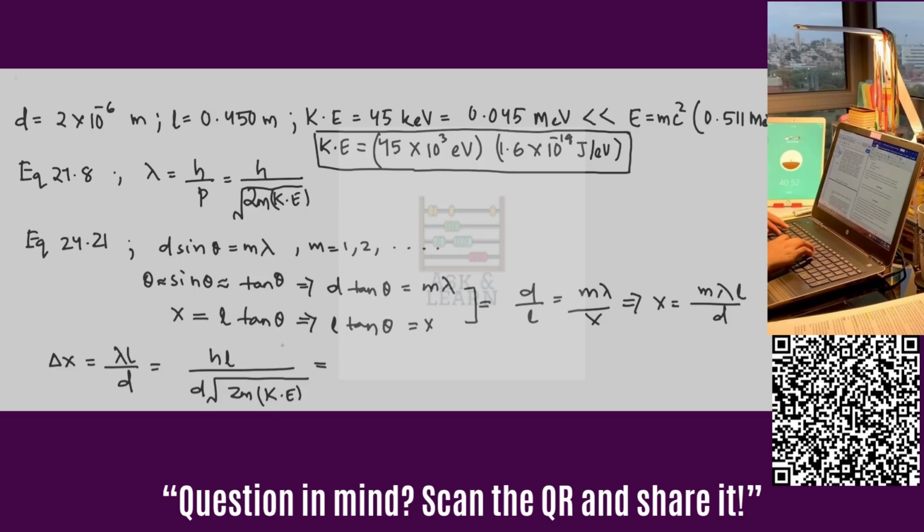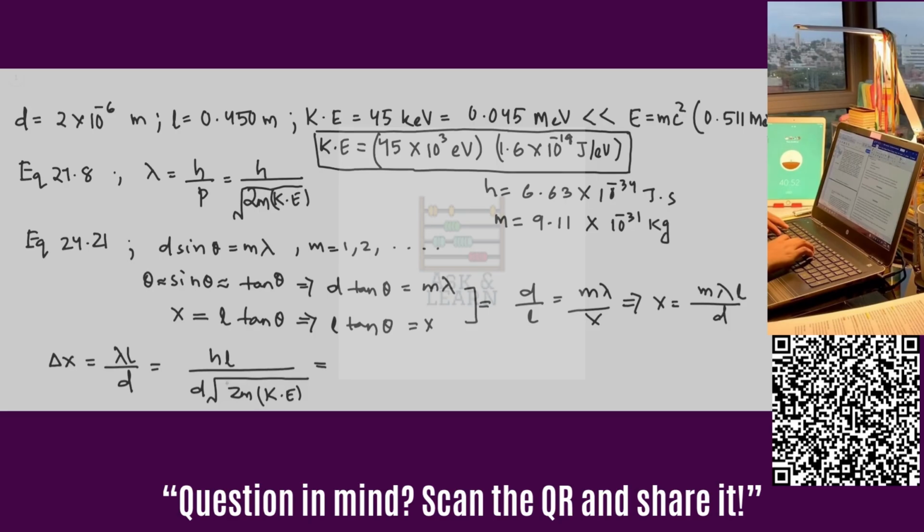So h is the Planck constant, and h is equal to, what should I write? Let's write it over here. So h is equal to 6.63 times 10 to the power minus 34 joules per second. Now we have all the values. Well, we don't have mass of the electron, but that's pretty common.